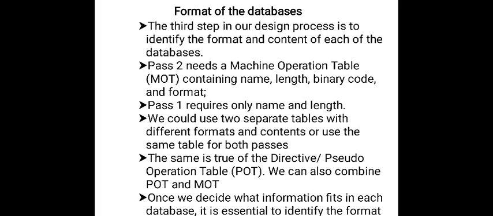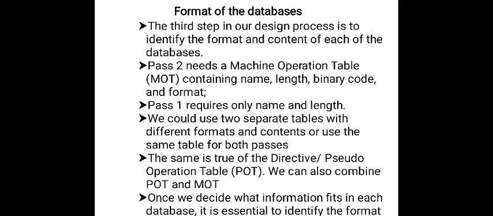The main thing here is to identify the format and content of each of the databases. We need to keep an eye on in what particular format the data will be created in an assembler and what content each database will be storing. That is the very important thing in step number 3.